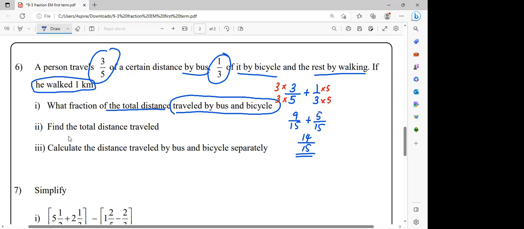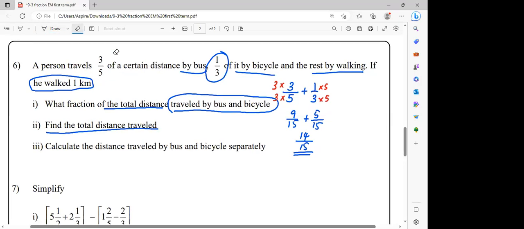Find the total distance. Then how do we find the total distance? When you have to find the total distance, here you will face some doubts about how we obtain the answer. Here you have to think like this. They have given the distance he traveled on foot. That means he walked 1 kilometer.